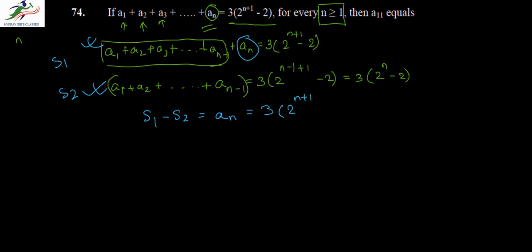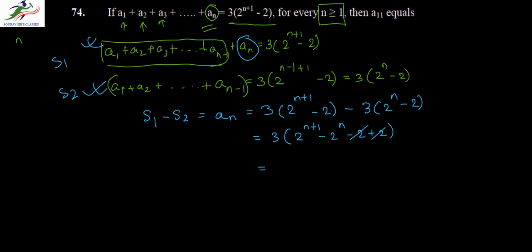plus 1 minus 2 minus 3 into 2 to the power n minus 2, which is equal to 3 into 2 to the power n plus 1 minus 2 to the power n minus 2 plus 2. So this one cancels out.